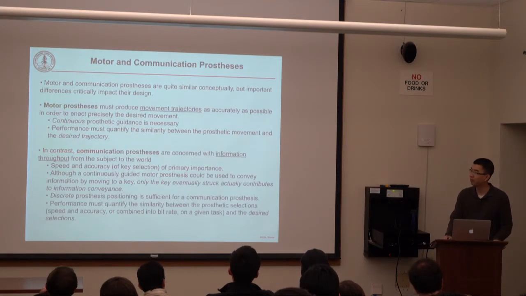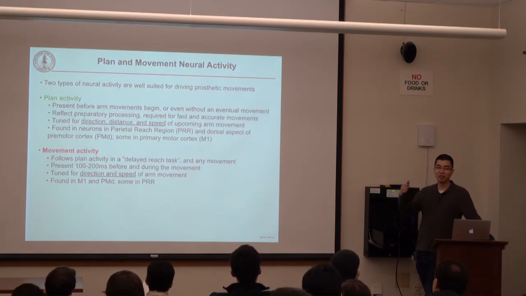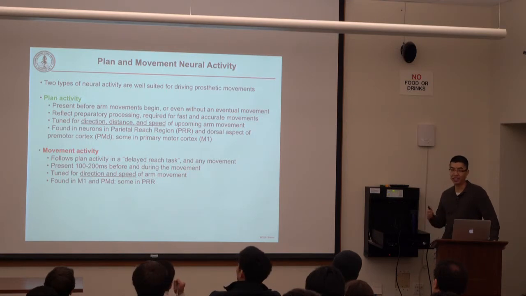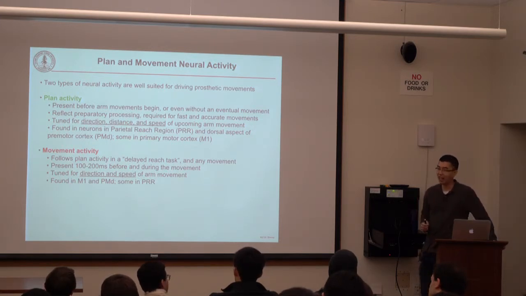Any questions before we go on? All right, so there are two types of neural activity that we can decode. The first is plan activity. So plan activity is something that you guys are all familiar with. If I want to swat a fly, right?